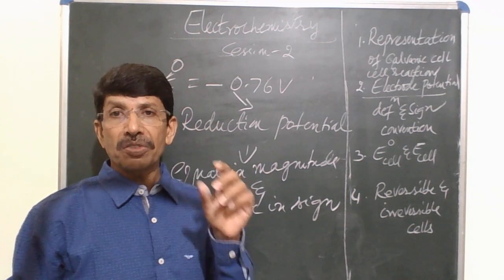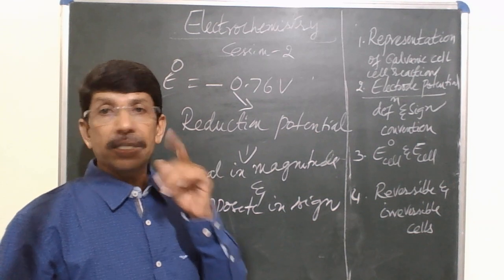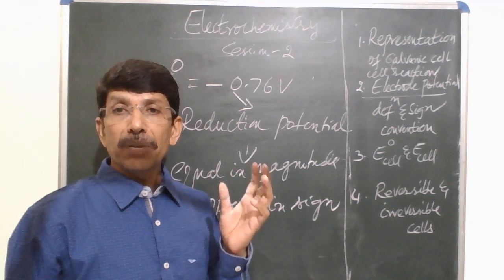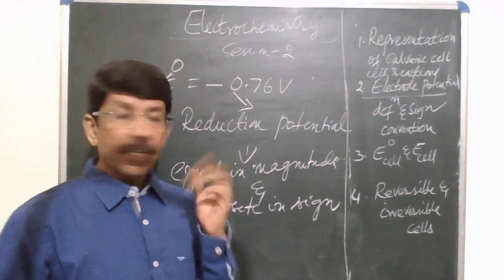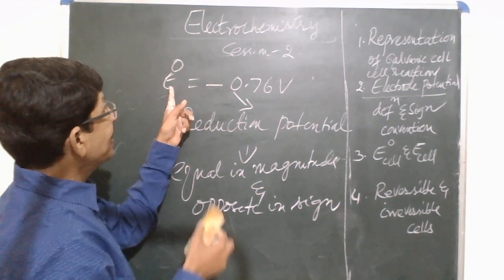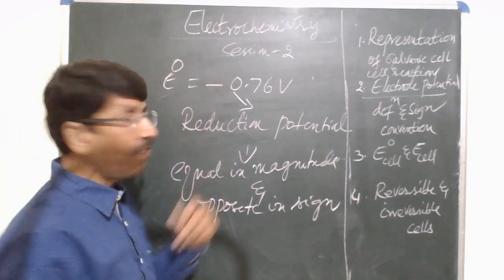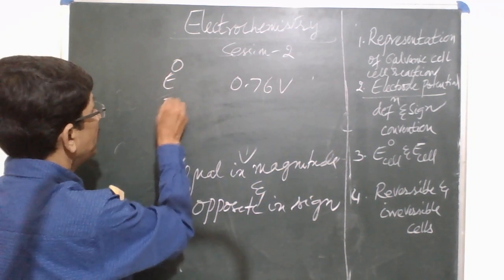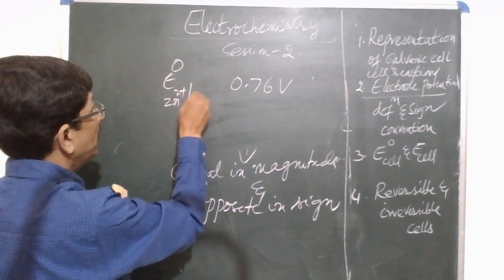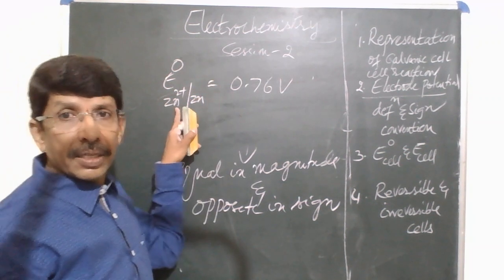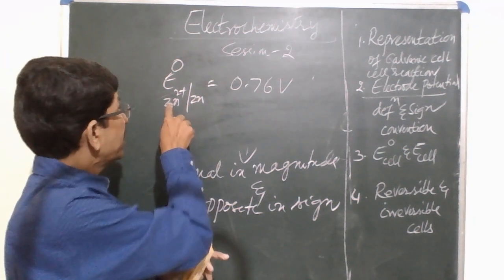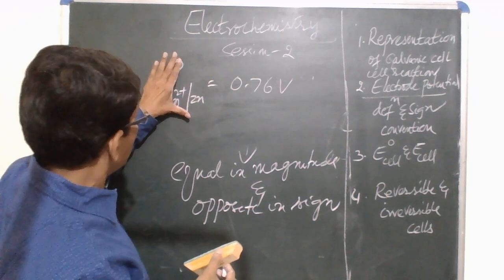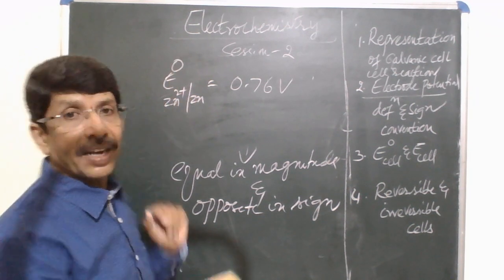The way potentials are represented also tells us whether the potential mentioned is reduction or oxidation potential. For example, this is the standard reduction potential of the zinc electrode. Reduction is gaining of electrons, metal ions are converted to metal, so if you write it like this, it is a standard reduction potential.